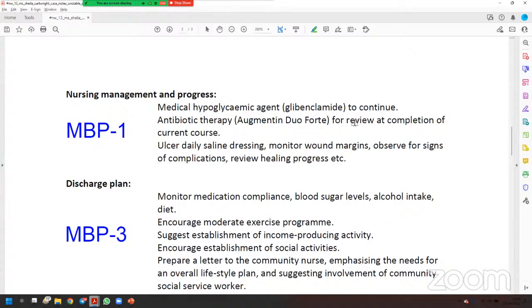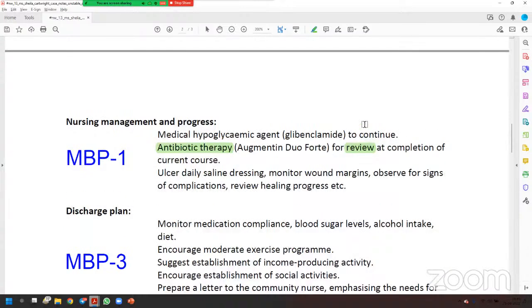That is continued, and there's a review at the completion of antibiotic therapy. If it is fine, then you can stop. If it needs further, you can continue the medication. So review is required. So that you can write here.